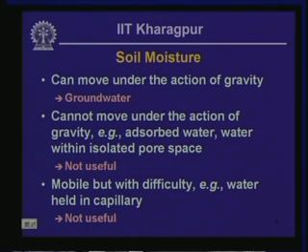This particular proportion of soil moisture is not useful as far as human need is concerned. There is another portion of soil moisture which is relatively mobile, but it can be extracted with great difficulty. This is the water held within very fine interconnected pore space, like a capillary tube of very fine diameter.